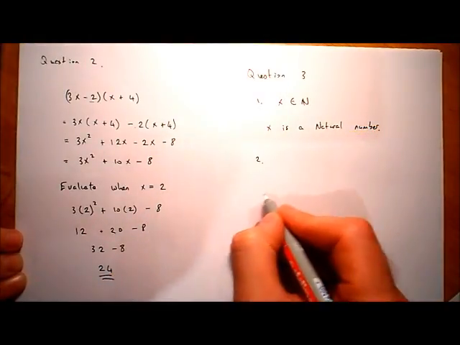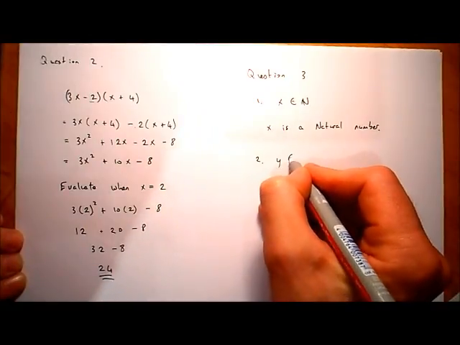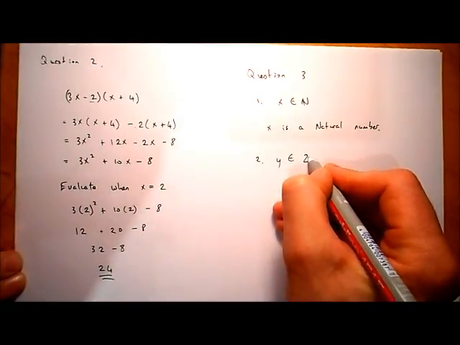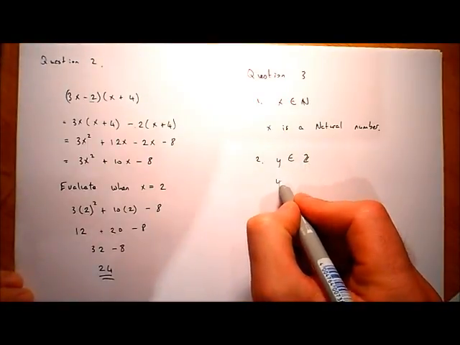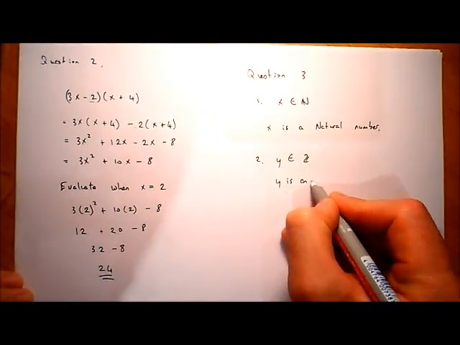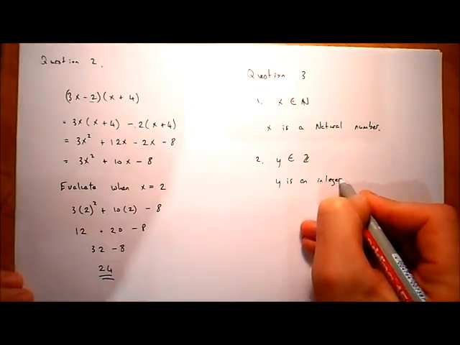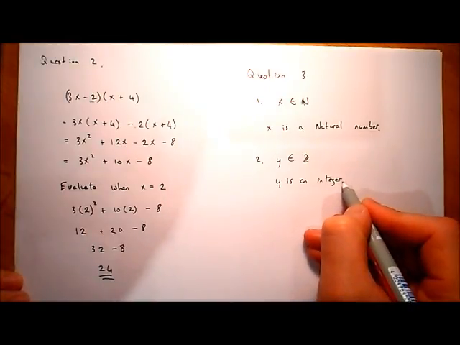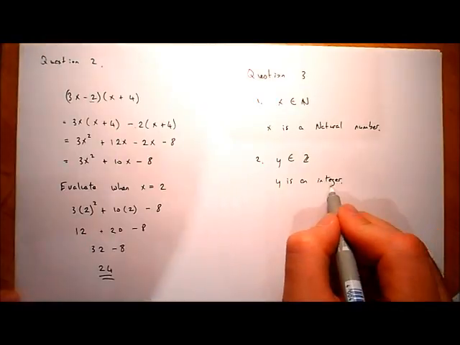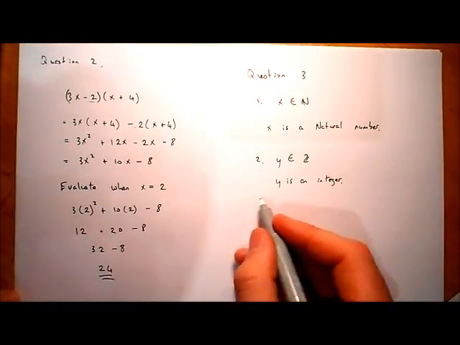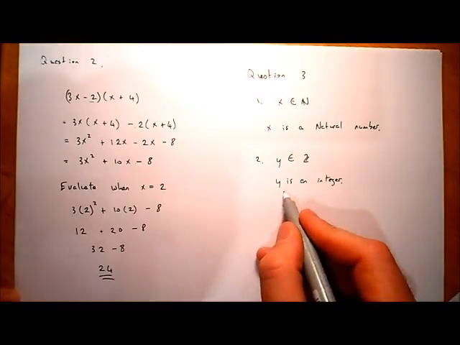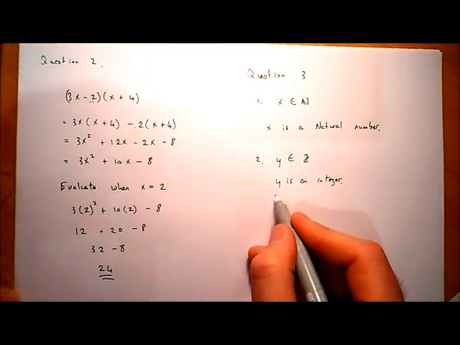The second one says y, and then you have this e symbol, and then we've got Z. This just means, well, Z stands for the integers, so this just says y is an integer. If you remember what the integers are, they're all the whole numbers, positive and negative, and 0. So minus 3, minus 2, minus 1, 0, 1, 2, 3, 4. Any whole number can be minus or positive, and it can be 0.